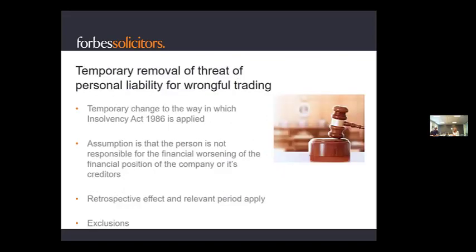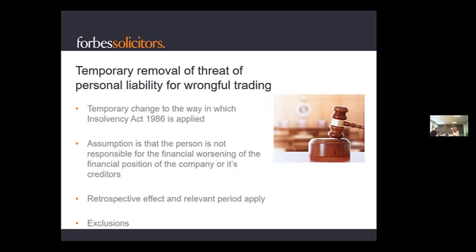So first of all then, looking at the temporary removal of the threat for personal liability for wrongful trading. What we are dealing with here is the failing of a director in their duty to take every step to minimise potential loss to companies' creditors, where they know or ought to have known that there is no real prospect of the company avoiding insolvency.